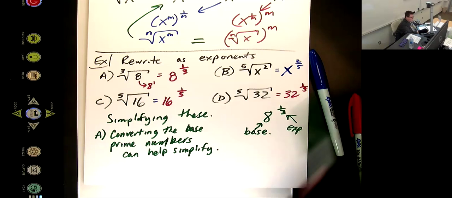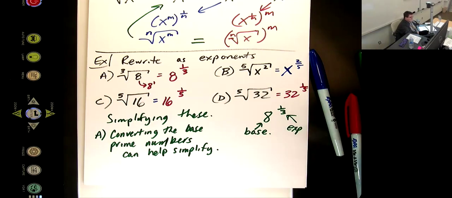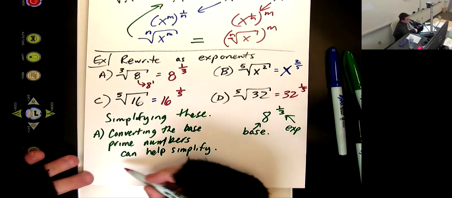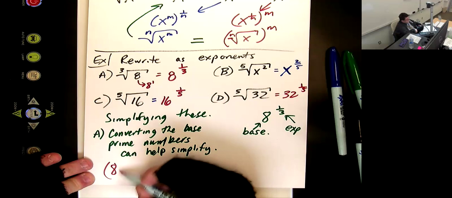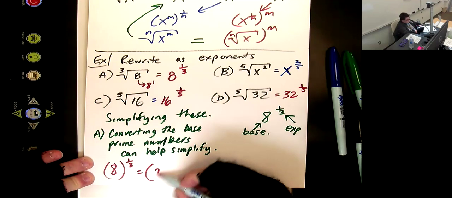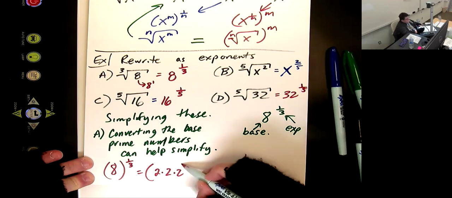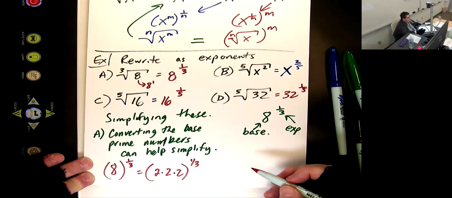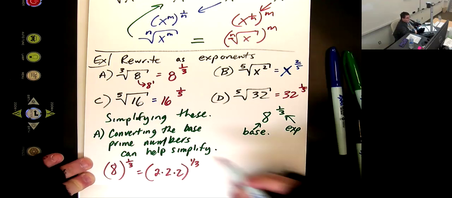Hey, going well. So what I mean by this, let's just look at our 8 to the 1/3. I'm going to put the 8 in parentheses. 8 is 2 times 2 times 2. Those are the prime numbers. Any number that can only be divided by itself and 1 is a prime number.